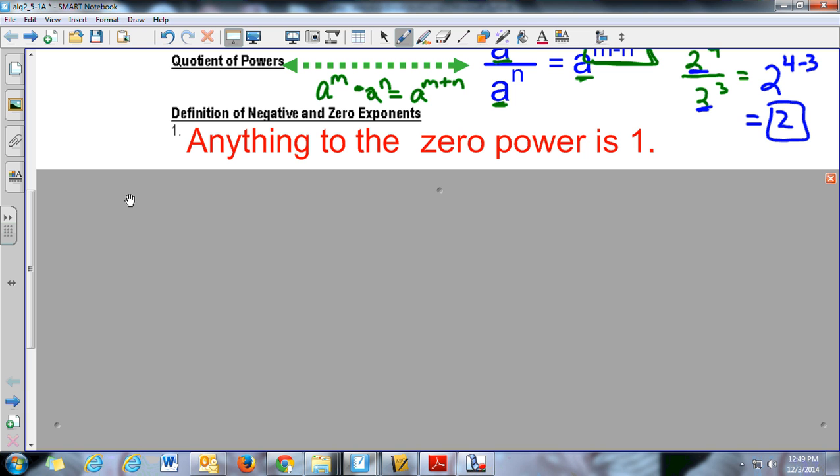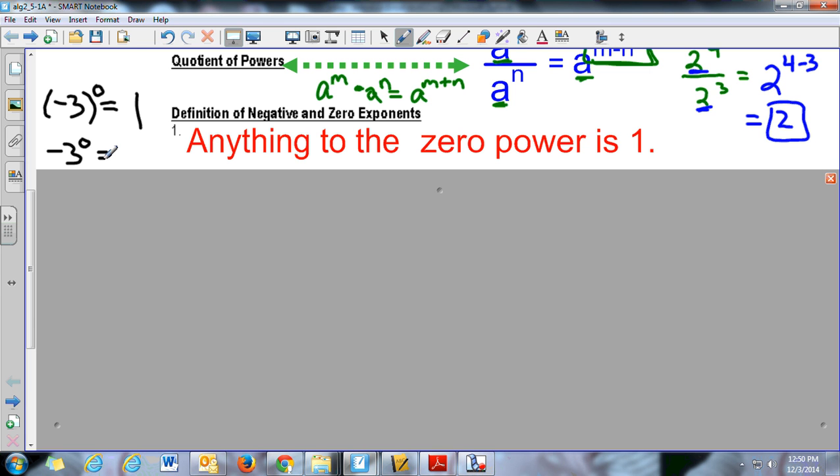Now, for the most part, that's true. There is a situation that we have to be aware of, and that involves negative numbers. If I have a negative number inside a set of parentheses and it's to the 0 power, that will equal 1. But if my negative number is not in parentheses and it's to the 0 power, that is not going to equal 1.